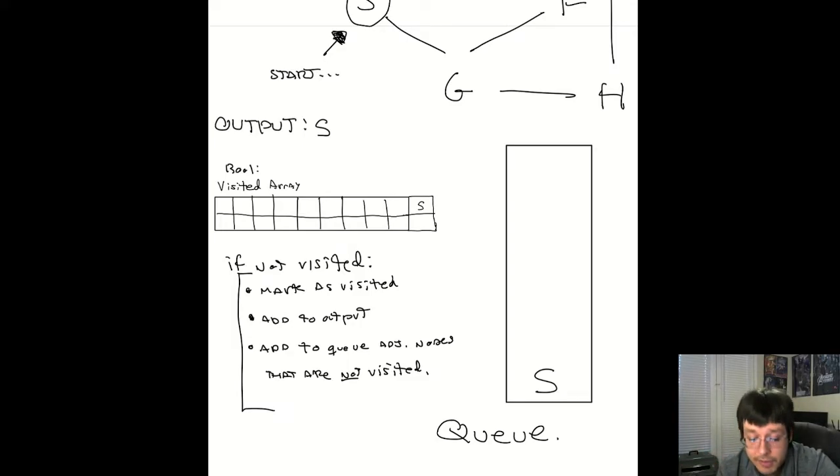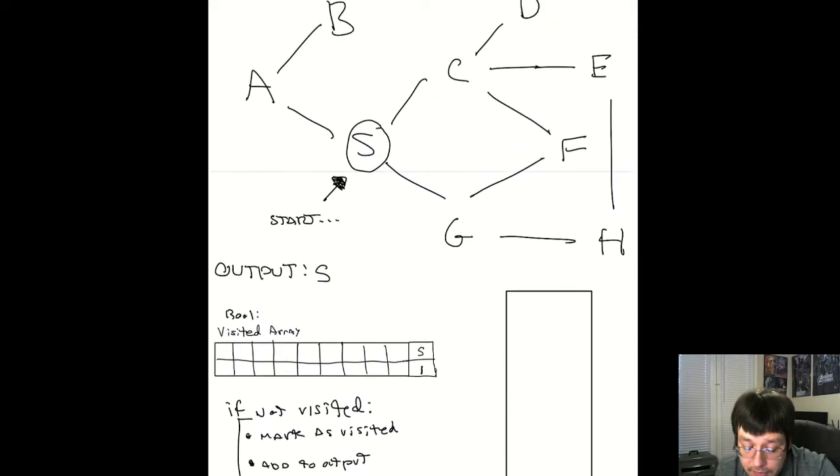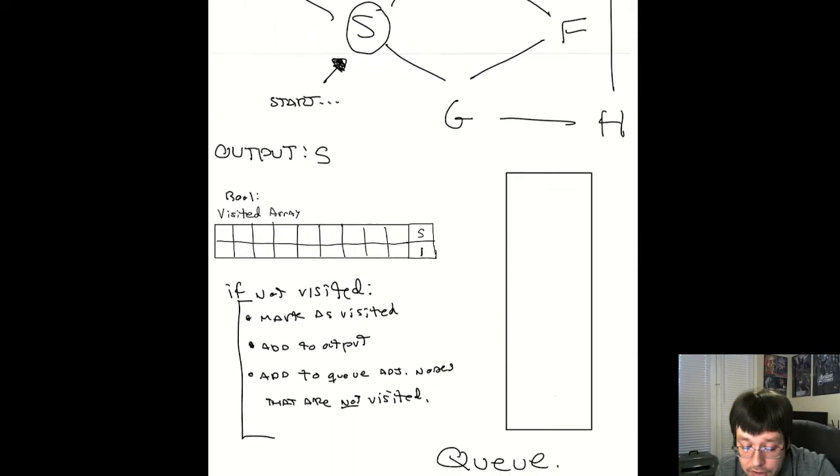Okay, so we take out S from the queue, and then we say it's visited. Sure, we add it to the output. So that's step two. So let's add it to the output, and then add to the queue all adjacent nodes that are not visited. So in this case, we have A, C, and G.